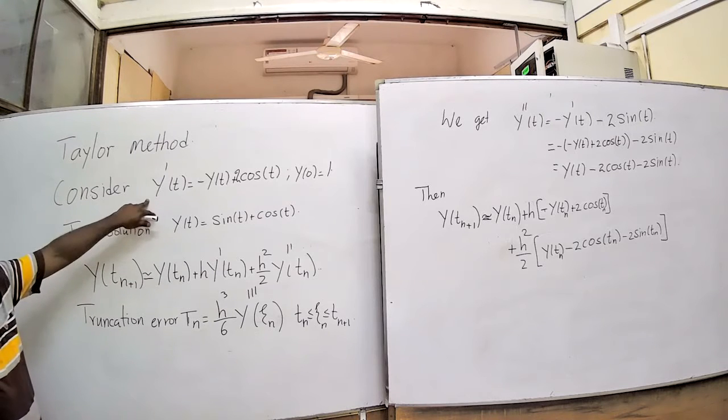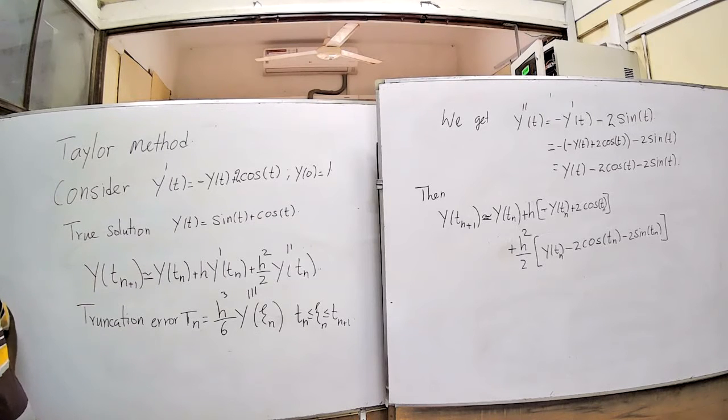So y prime is minus y of t plus 2 cosine t, but t is equal to tn here. And then you have y double prime computed, so you can do that.